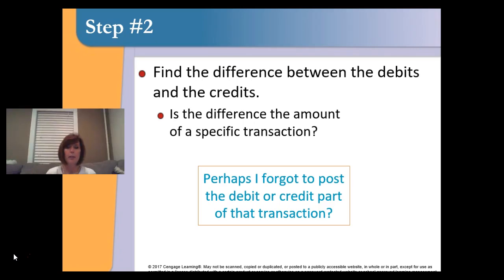It would be one possibility. So you want to go back through your transactions and make sure that you haven't omitted part of a transaction.